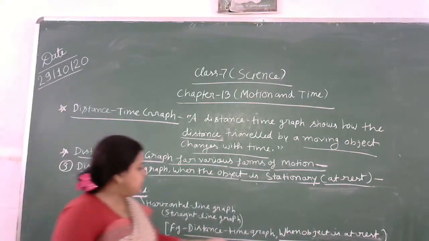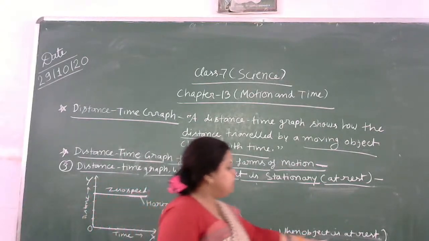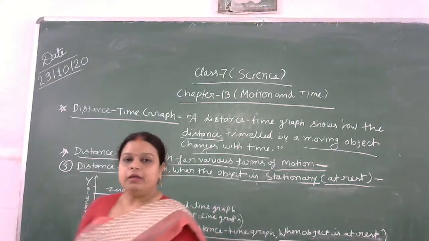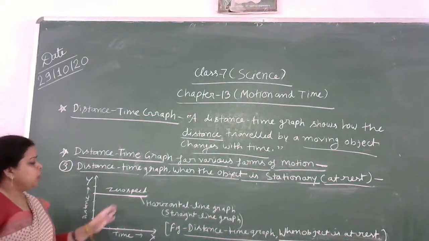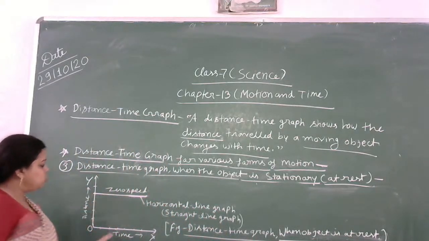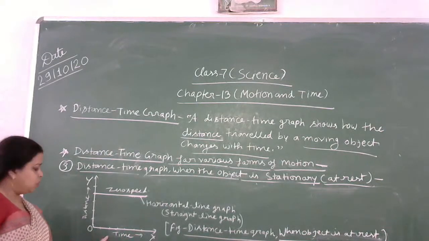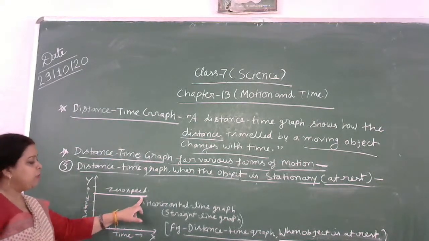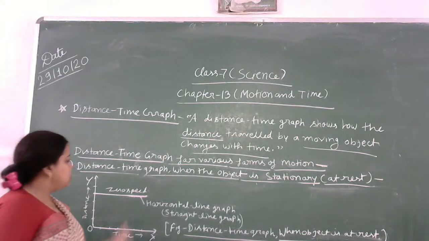Here we get a straight line parallel to the time axis. This is the time axis and this is parallel to the time axis.